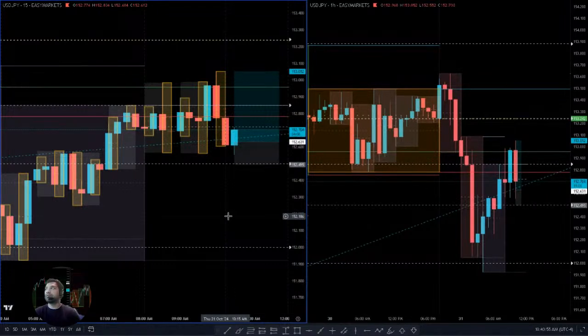So the price is at 4-hour open, and let's see if it turns this around or not. We need at least two 15-minute candles to push this price back.